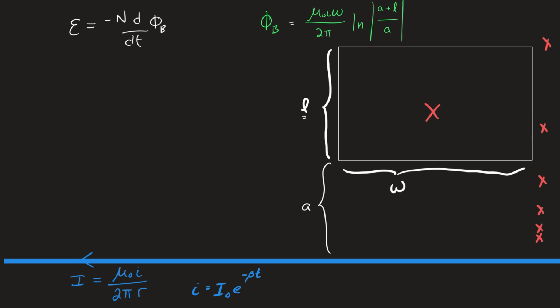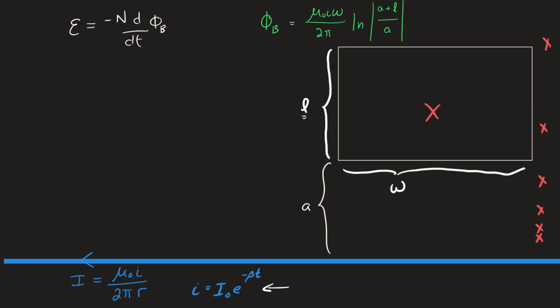But our current is getting smaller, and the magnetic flux portion is dependent on I, and I is getting smaller. So the magnetic field in this region of space is decaying because the current is decaying.